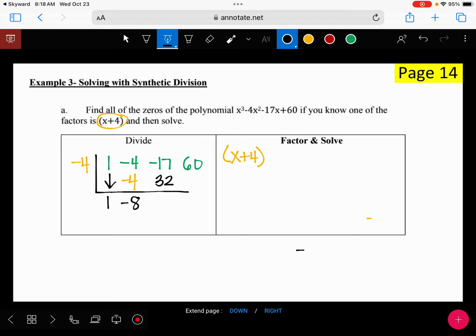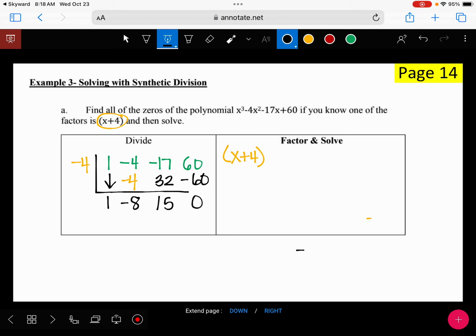In your calculator, you're going to add -17 plus 32. You should get +15. Then you multiply 15 times -4, you get -60. And we end with a 0.